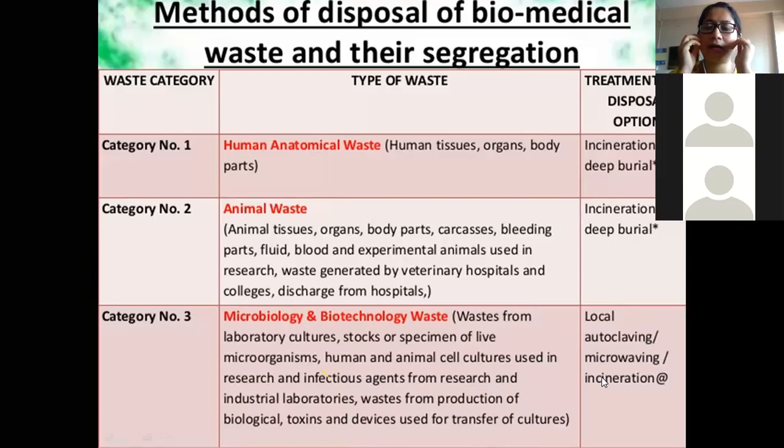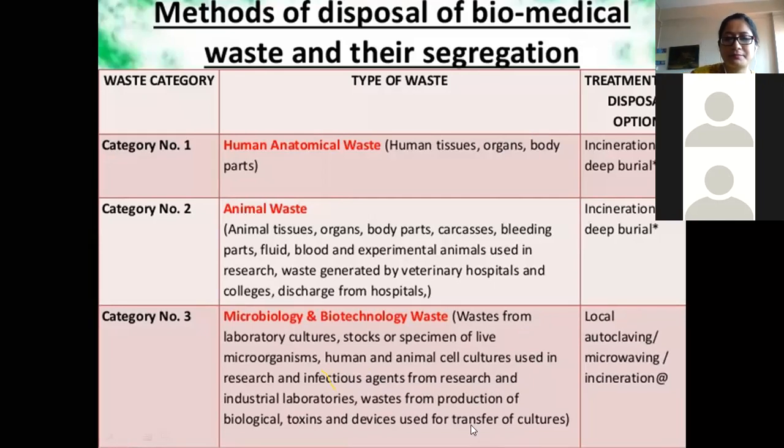These wastes we can dispose of by autoclave, at 120 degrees Celsius for about 1.5 hours. With that much high temperature, after autoclaving we can throw it directly into the environment.